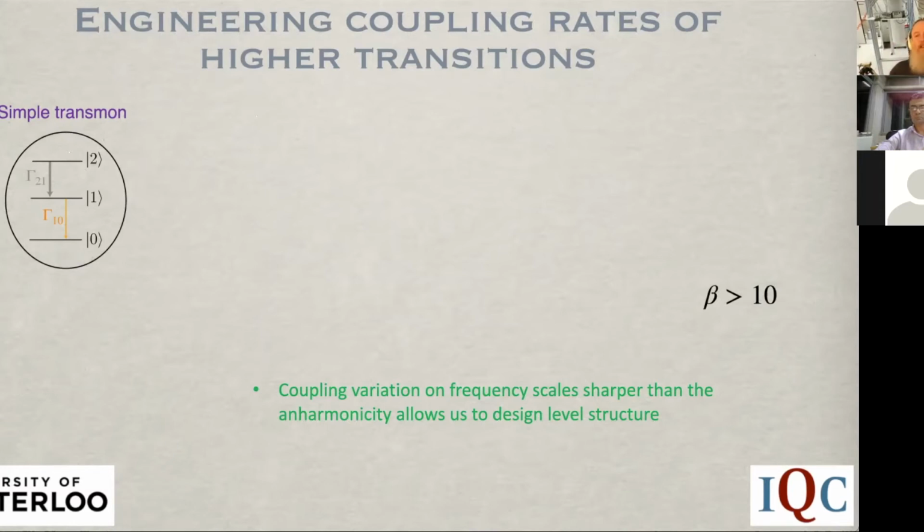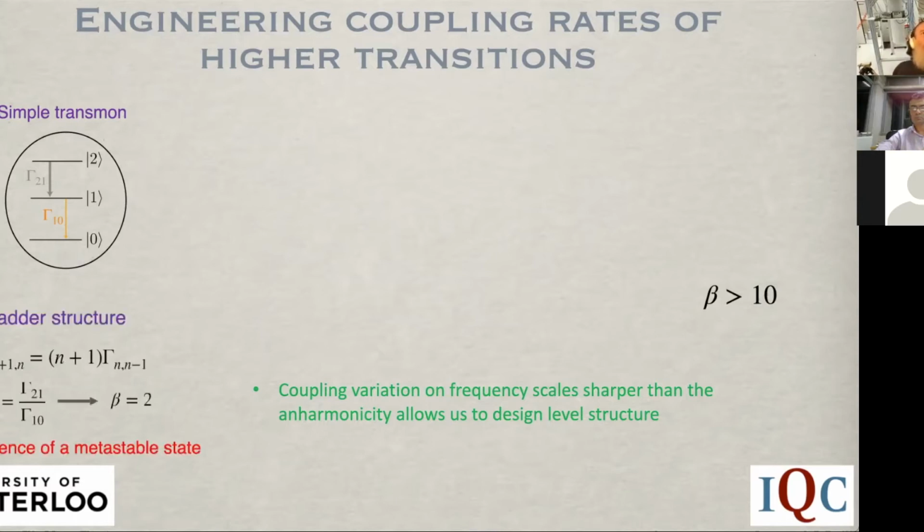And so why is that potentially interesting? Well, basically the transmon makes a boring artificial atom. It has what's called a ladder structure in quantum optics. The relation between the transition rates is fully set by its nature as essentially a perturbed harmonic oscillator.